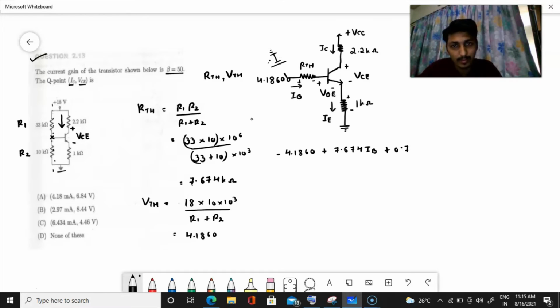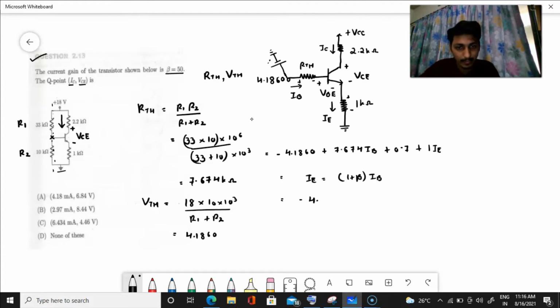So it's minus here, and plus 0.7, which is the base to emitter voltage, and 1 kilo ohm is your IE. IE can be replaced by 1 plus beta times IB, and beta is given as 50 in the question itself.